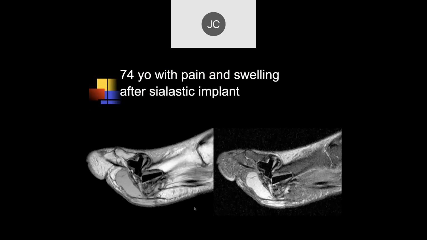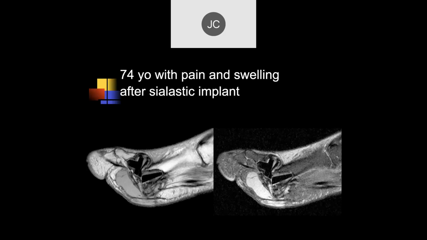Let's see, who's next? Is it Robert? I think it's me. Okay. Silastic implant, but this obviously needs a fusion. We're looking at the first MTP joint, with hardware that looks disarticulated. Well, it's fractured. This is the stem.